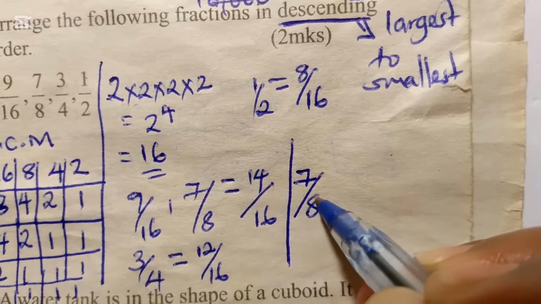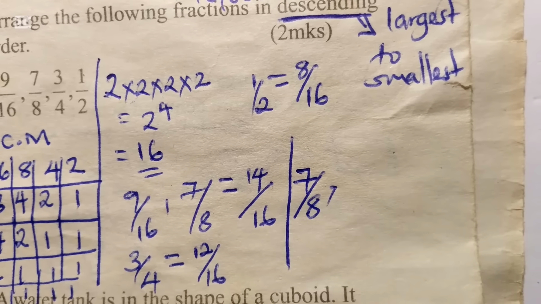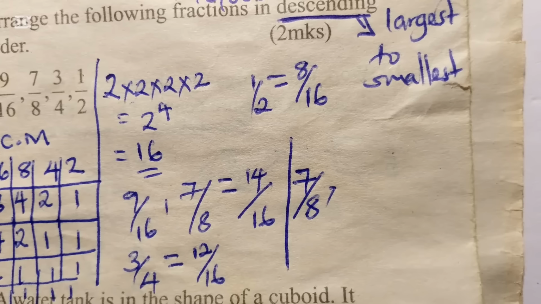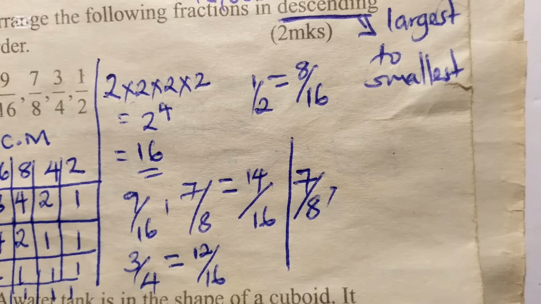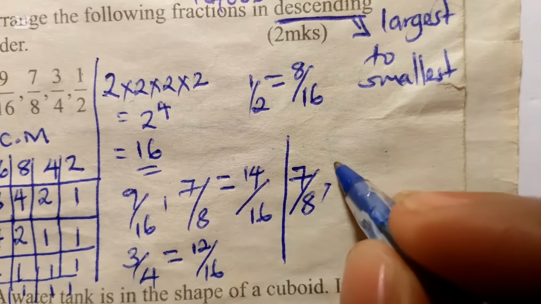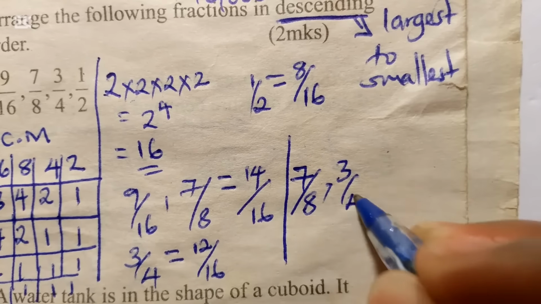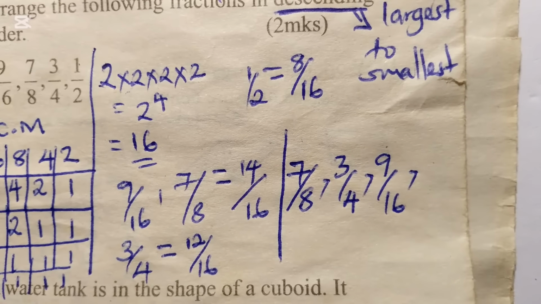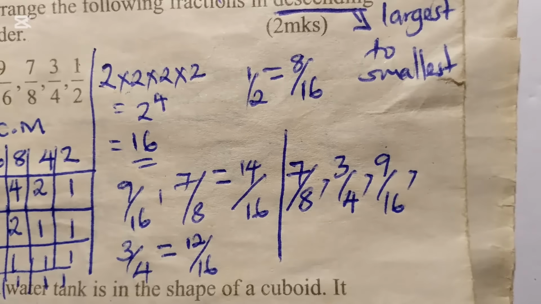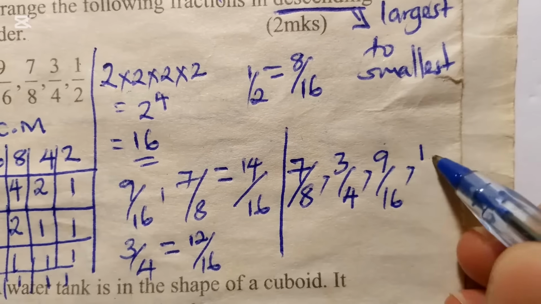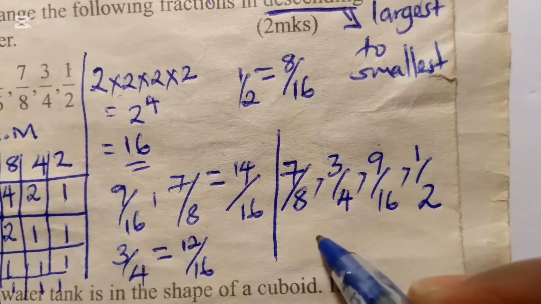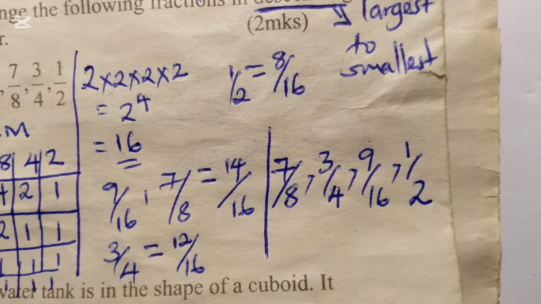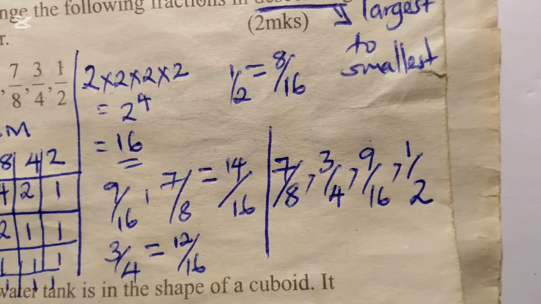The next one is 12 over 16, which is 3 over 4. Then the next one, 9 over 16. Then the last one, 8 over 16, which is 1 over 2. So that is it about arranging the fractions in descending order.